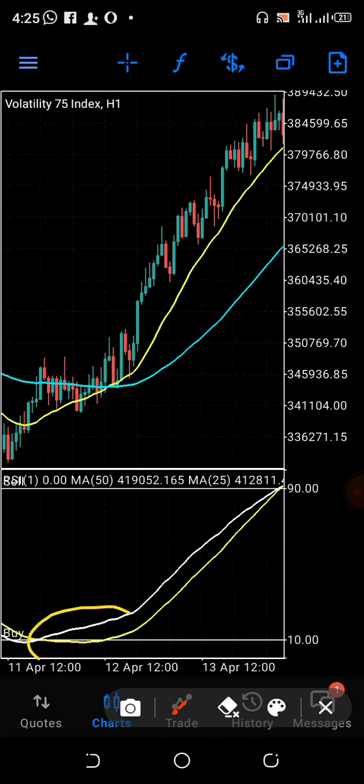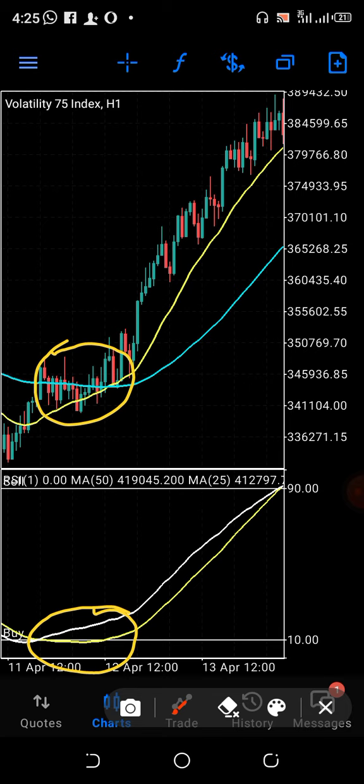All right, watch this place, and watch the lines. Right here, I have white and yellow on my indicator window 1. Then I have yellow and blue or whatever color in my main chart.